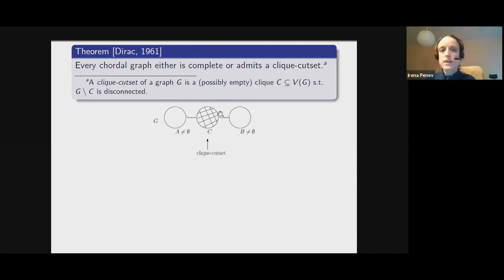If you have something like that, then this C is called a clique cut set. And as I said, this C may possibly be empty. That's okay. If you have a graph that's disconnected to begin with, then the empty set counts as a clique cut set. And once again, we have this famous decomposition theorem for chordal graphs. It says that every chordal graph either is complete or it admits a clique cut set.